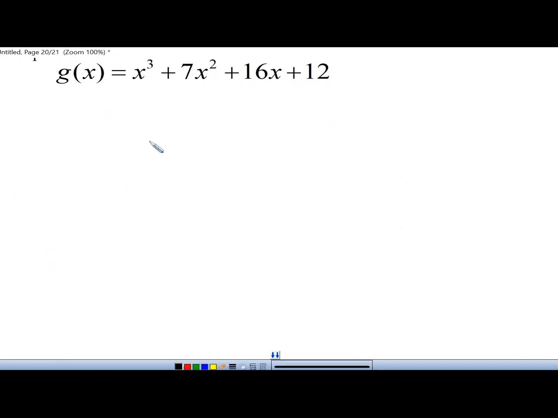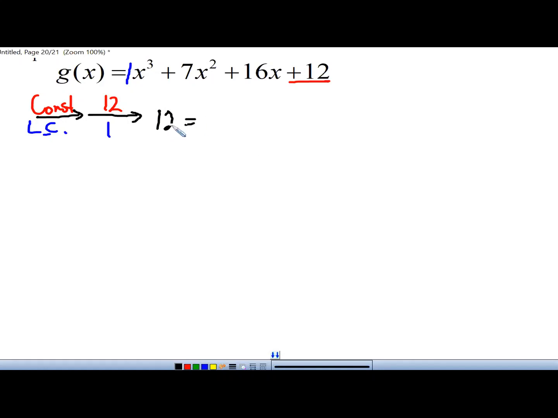All right, first things first. We write a fraction of the constant over the leading coefficient. So according to the equation, what's our constant? Our constant is positive 12. What's our leading coefficient? Since it's in standard form, it's the number 1. So what is 12 divided by 1? That is 12.